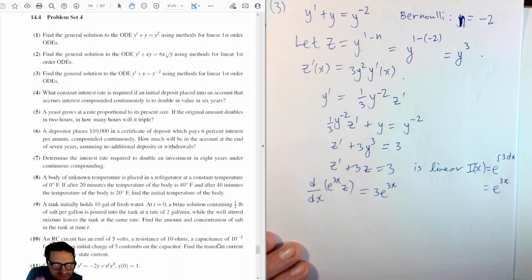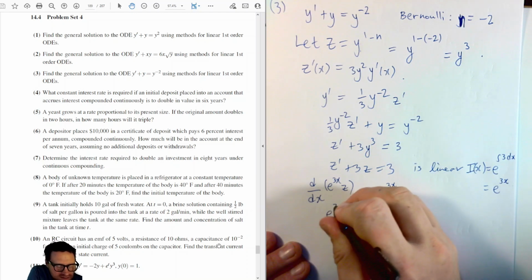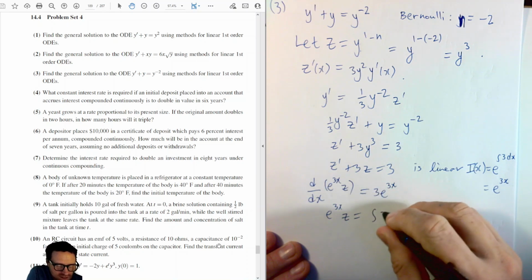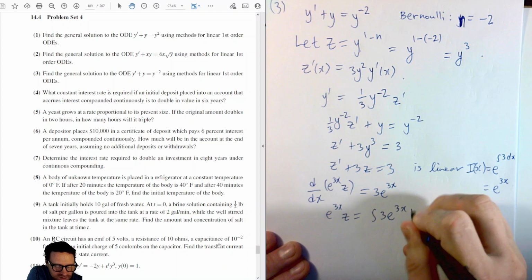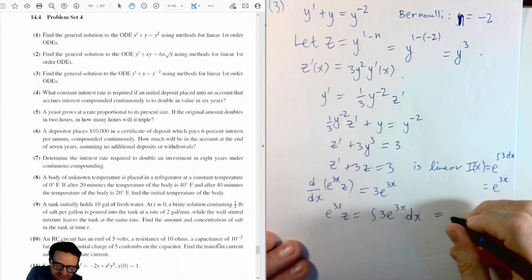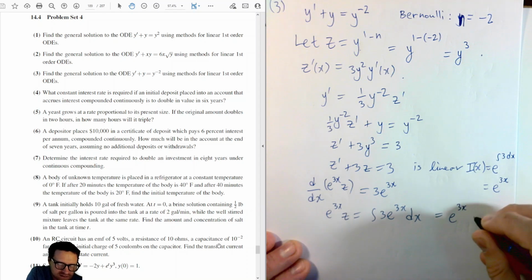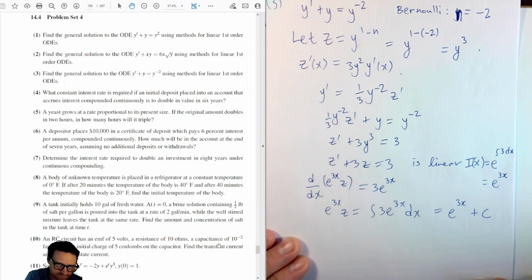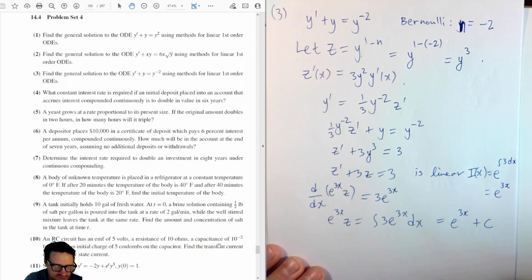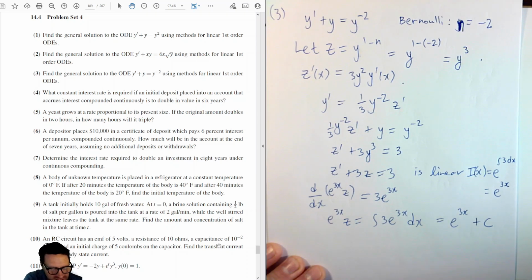Okay, great. So let's integrate both sides. E to the 3x times z is the integral of 3e to the 3x with respect to x. This integral is super easy. It's just e to the 3x plus c. So to finish this off, we just need to divide throughout by e to the 3x and recognize that z is y cubed.